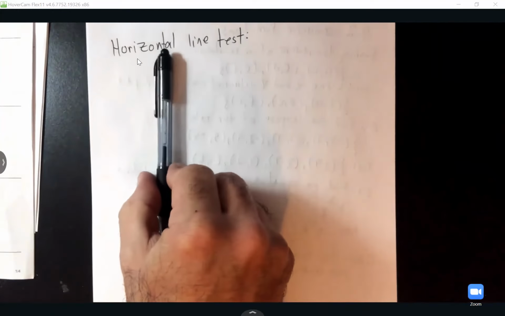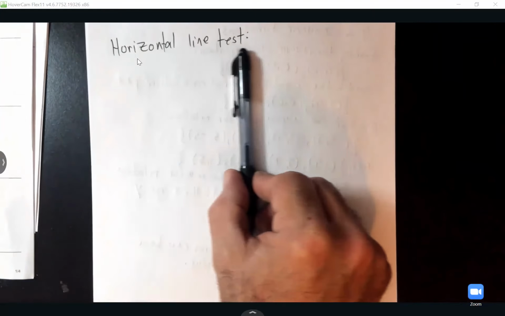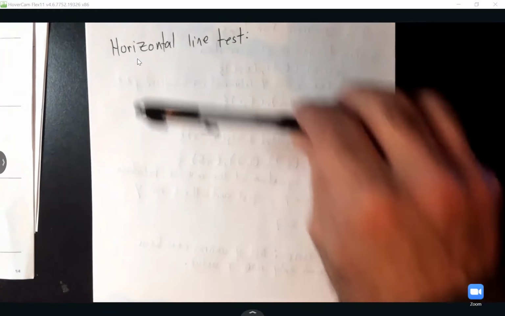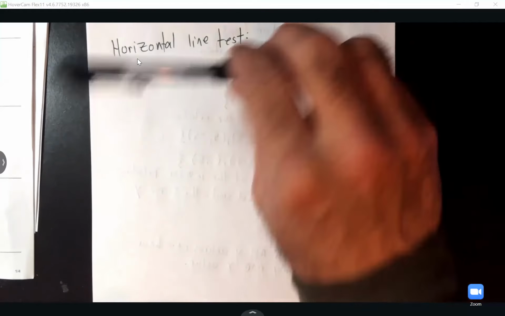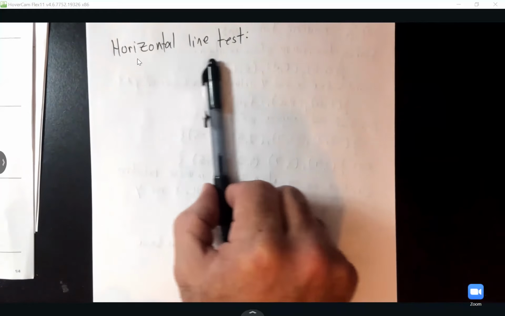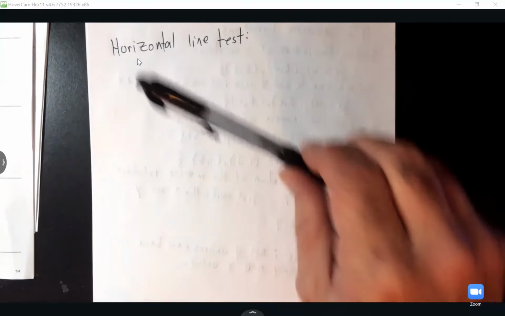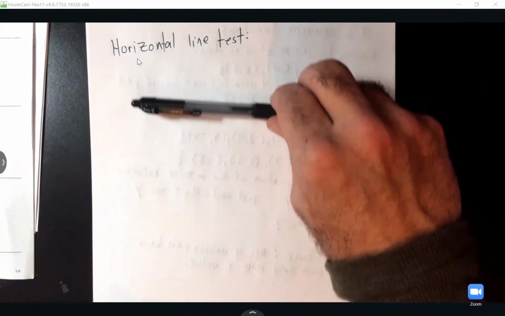So horizontal line, I'm going to take my line and run it left to right over my graph, okay? Remember the vertical, I'm getting backwards. The vertical line test we used to tell if they were a function. We're now going to use a horizontal line test and bring it down, okay?